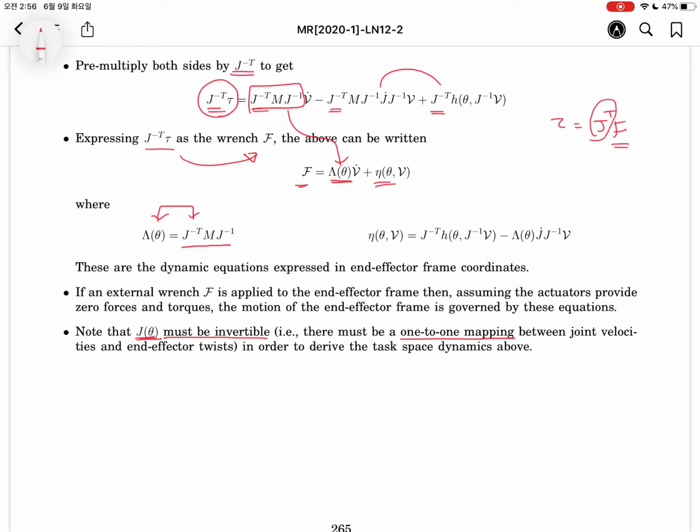Every robot system has an actuator. So actuator dynamics should be considered in deriving the dynamic equation, the inertia matrix, and the C and G. So I'd like to recommend you read section 8.9 for your practical use of the robot system. Anyway, I will skip the remaining 3 sections.